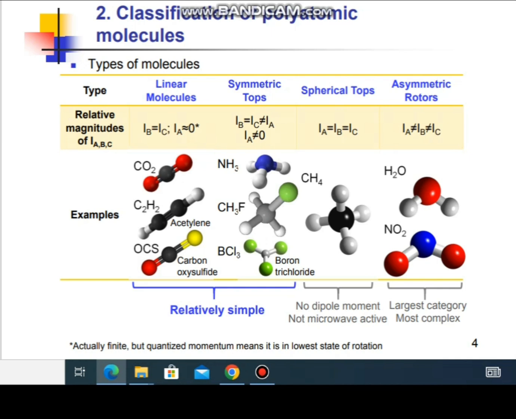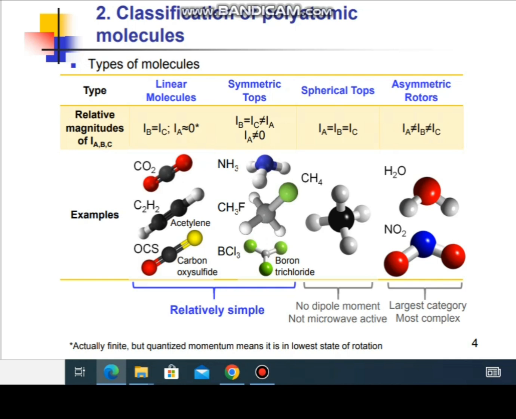Examples for symmetric tops are ammonia, CH3F, and BCl3. Spherical tops, example methane. Then asymmetric top, example water and NO2.